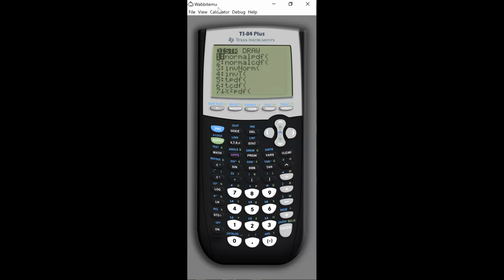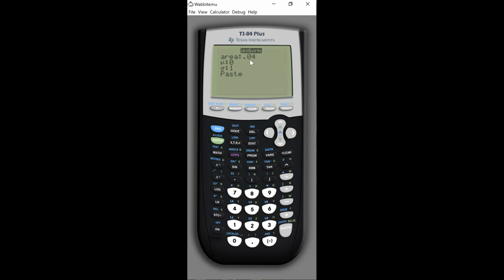Then, since we're doing the opposite, that's the inverse norm. If you look at inverse norm, it's asking me for three things: the area, mu, and sigma. The area we already know is 0.04.